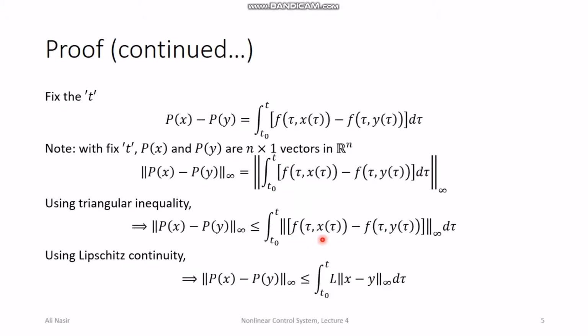So using Lipschitz continuity, we arrive at this situation where we have the integral from t0 to t of L times the norm of x minus y, and this is greater than or equal to the norm of Px minus Py.